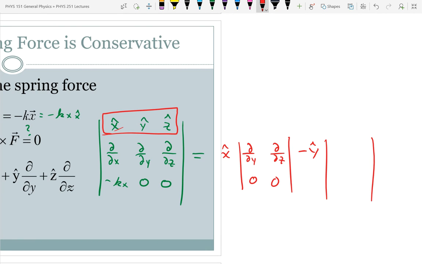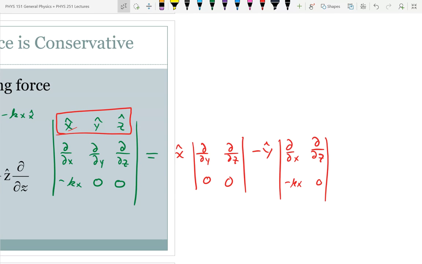So the comatrix of y is going to be d dx, d dz. And notice I dropped out the column that y hat was in. And then minus kx and 0. Well, if I do that, I have d dx of 0. Well, clearly d dx of 0 is 0.